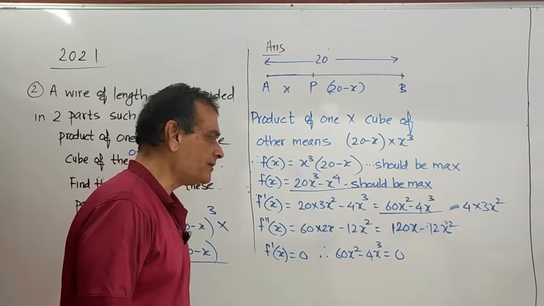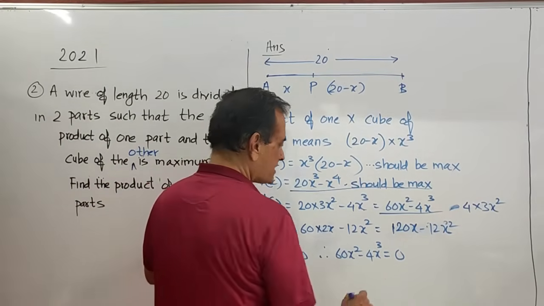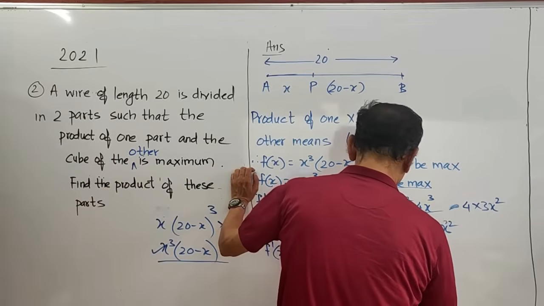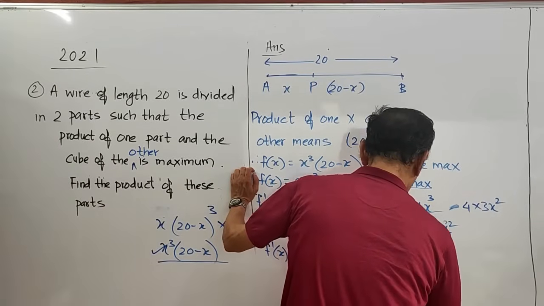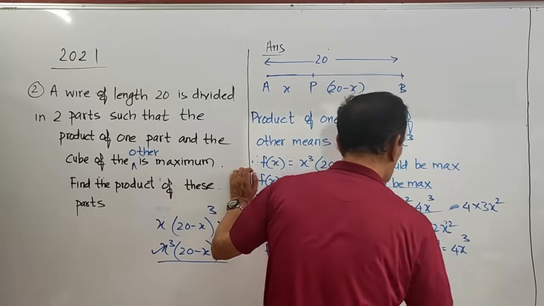Simple method of solving, I'll tell you. Take 4x cube on the other side. So 60x squared equal to 4x cube.